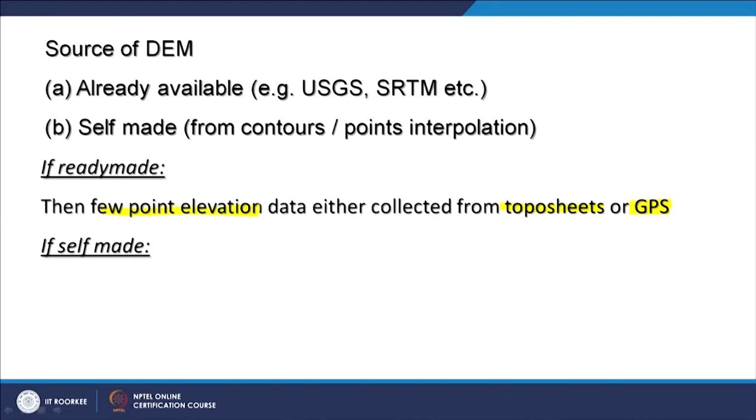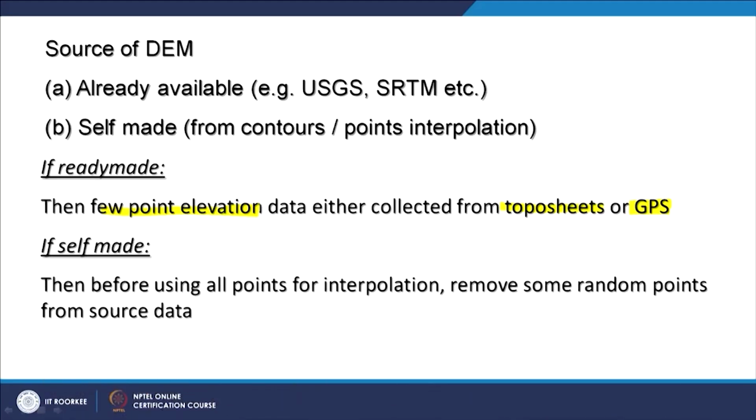How it can be done, which we have also developed: if it is a self-made digital elevation model, then things are a little easier, because we are involved in every process. So we can check errors at every step. If found, we go back, do the corrections and then go forward.